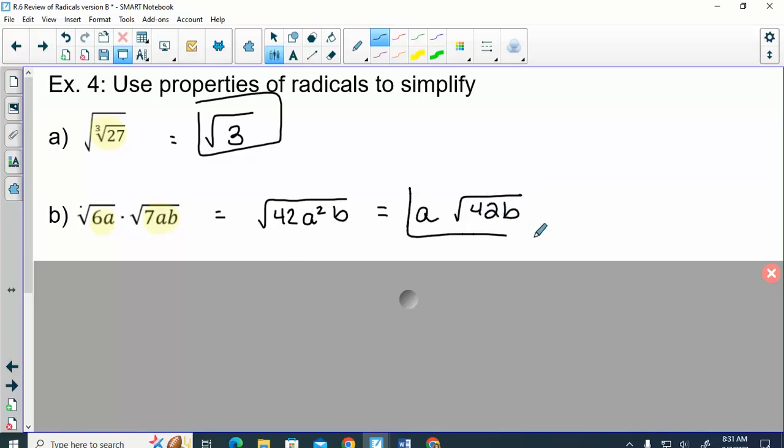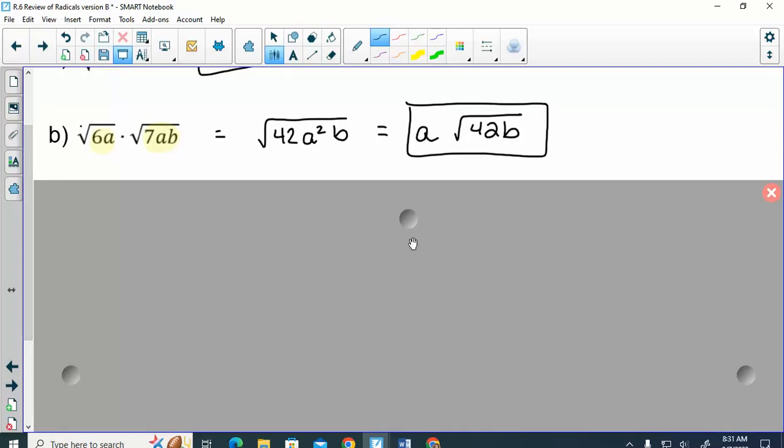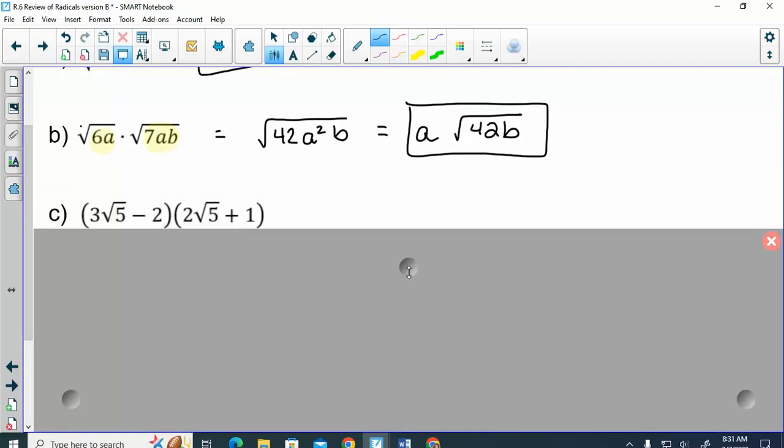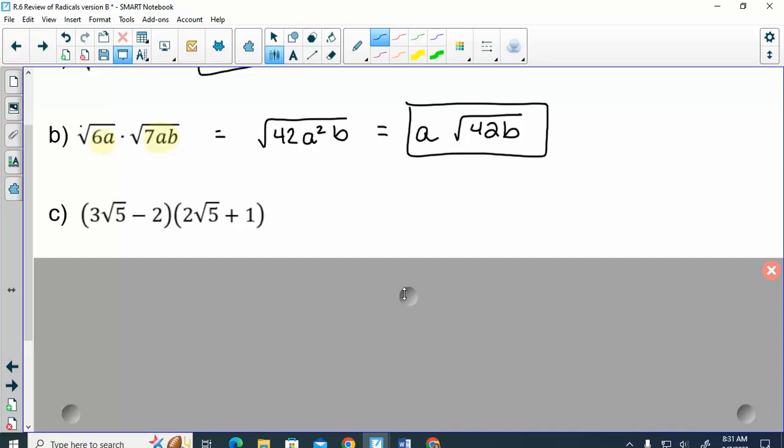So we have A square root of 42. What do I do on this one?